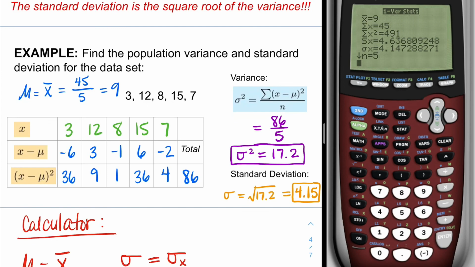So if you want to find your variance using the calculator, all you have to do is take the standard deviation and square it. So I would have to take 4.15 and then square it. So 4.15 squared is about 17.2, 3 sig figs. So that's how you will find the variance if you were using the calculator.